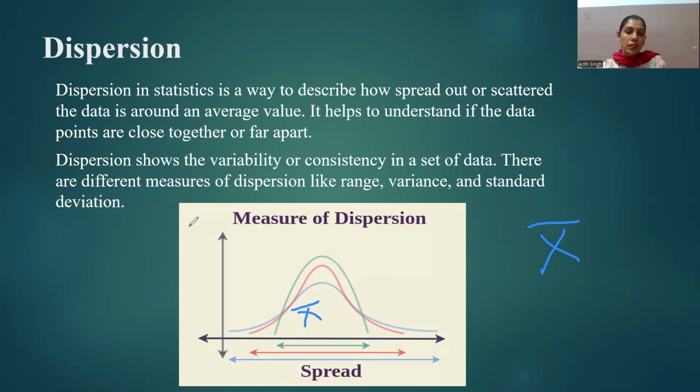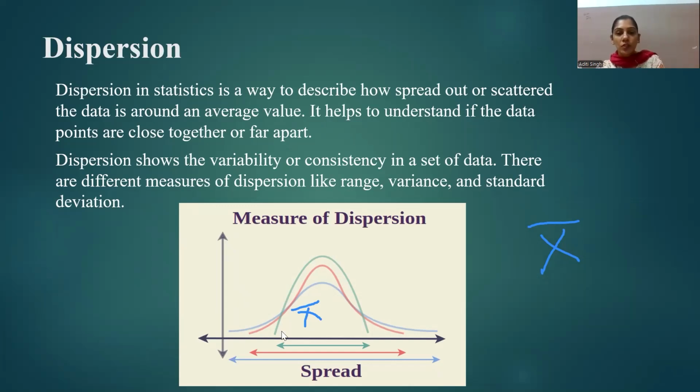Okay, so there are three different dispersions given in this diagram, and they are represented with the same mean bar. So the mean of all these three curves is the same, but the dispersion is different. Okay, so this is how we measure the dispersion.